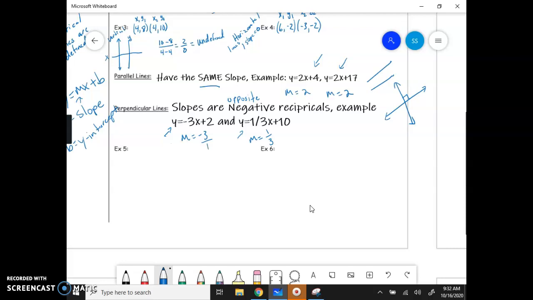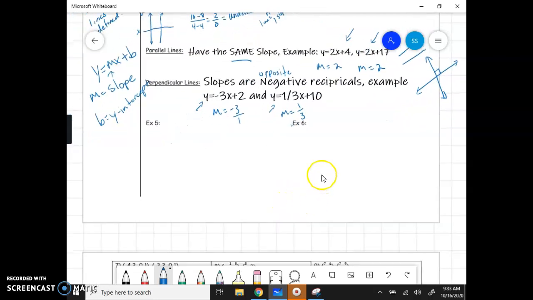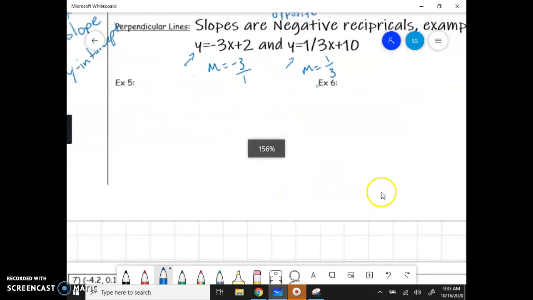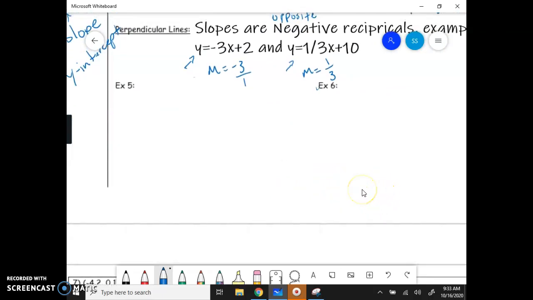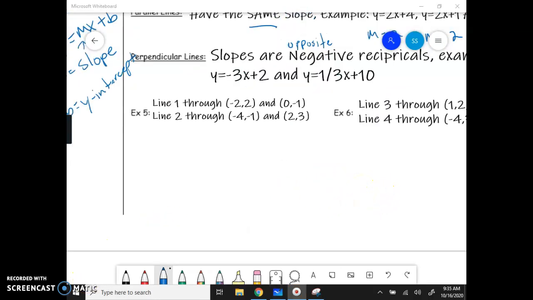If we flip that, that's all a reciprocal means: you take the numerator and the denominator and switch the order. So this one is -3/1, we switch it, and then we make it positive. That's why I say opposite reciprocal. Hopefully that makes sense. Let's take a look at some examples of this. I'm going to pause the video here.